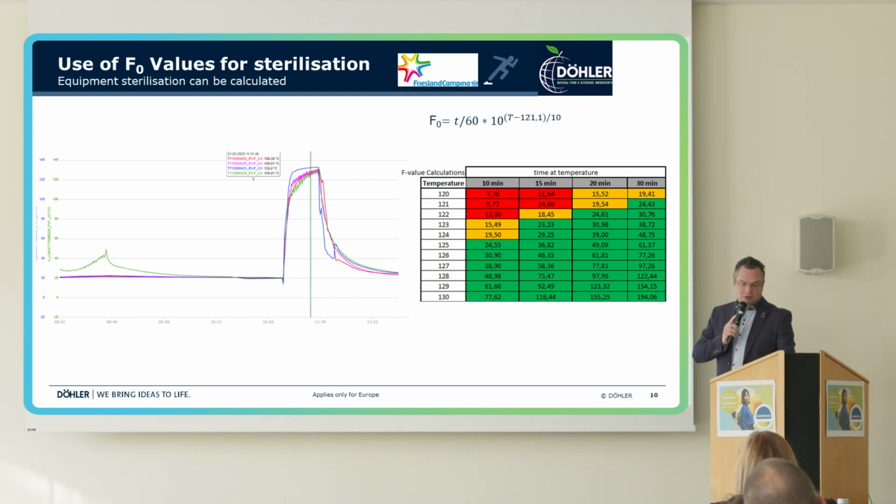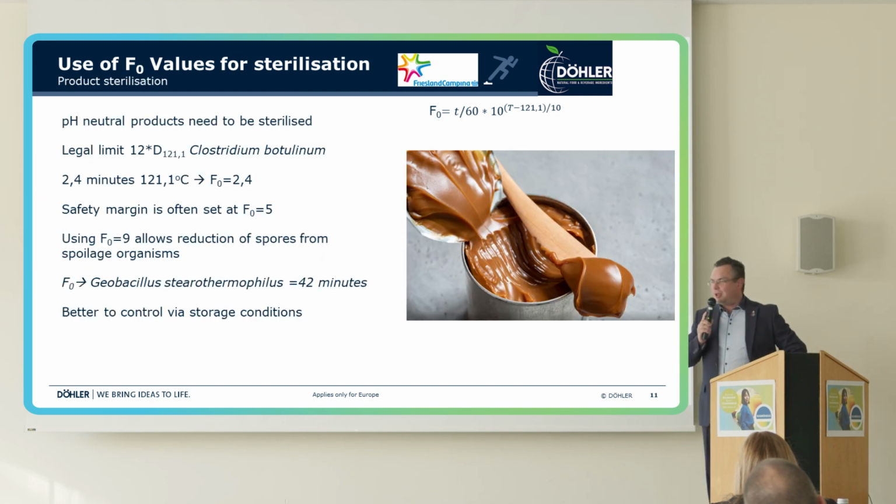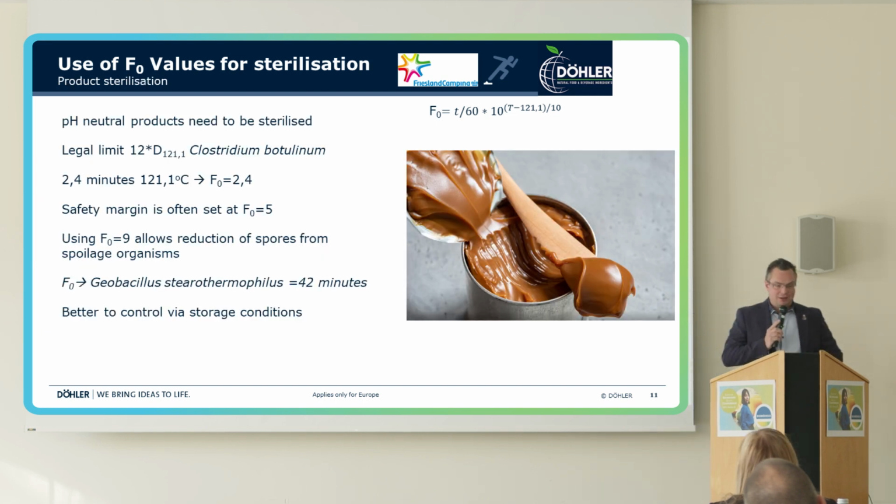Well, ladies and gentlemen, trust me when I say the chances of making caramel are quite significant in this case. Therefore, and also as this is an organism that really needs a high temperature to develop from spores, it would be better to control it via storage conditions instead of just a single heat treatment.